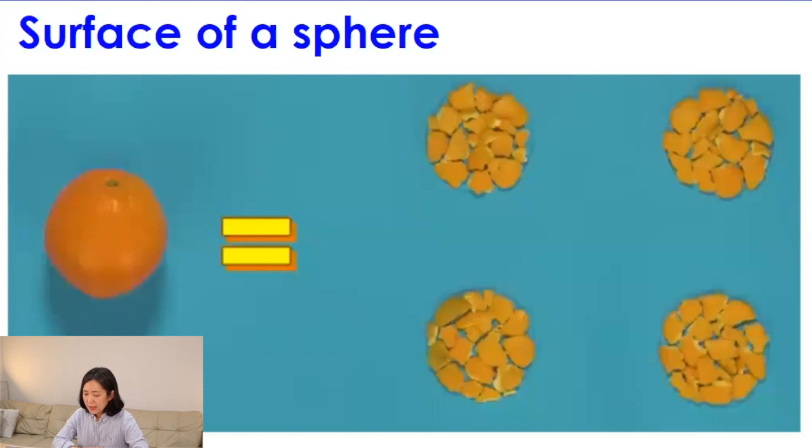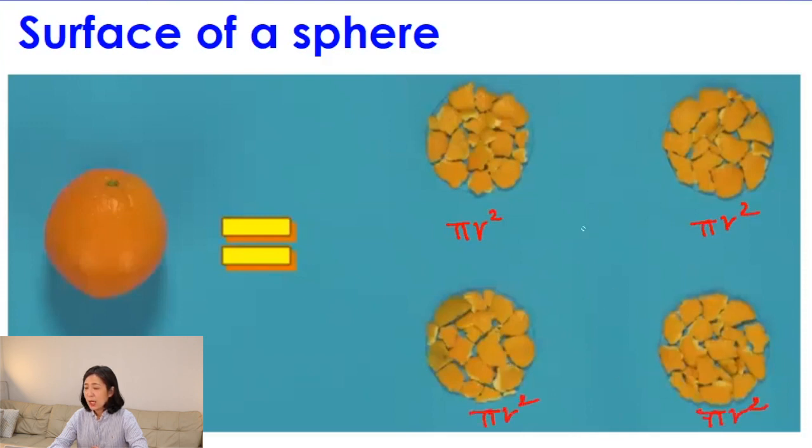We know that this circle is the cross section of the orange, so that's pi r squared, right? Adding up all 4 together, that will be 4 pi r squared. So the formula for the surface area of a sphere is 4 pi r squared.